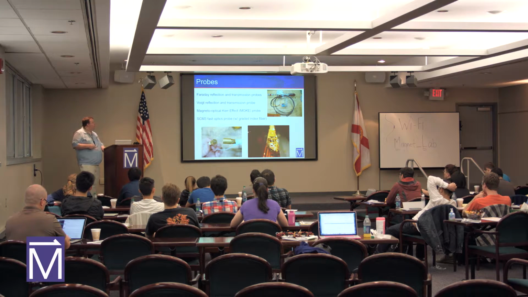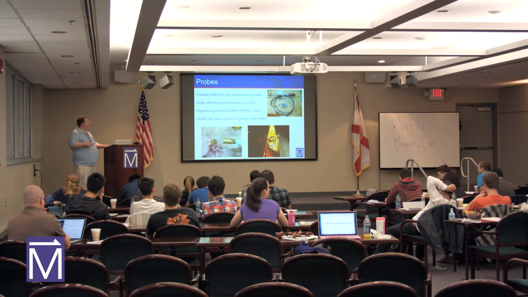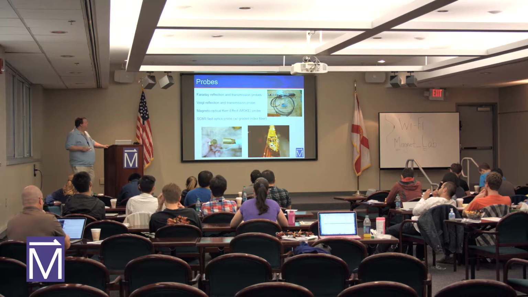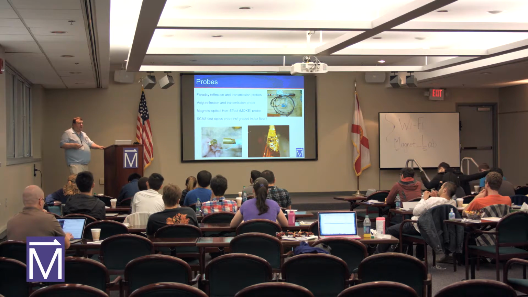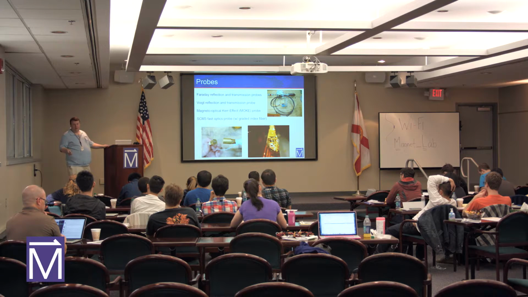We have a number of probes, and the list of probes keeps growing, especially now that we're building things in the split helix magnet. These are just a few snapshots of some of the probes that we use in other resistive magnets. We have ones for doing Faraday reflection and transmission. When I say Faraday reflection or Voigt reflection and transmission, I'm talking about the magneto-optical geometry, right?